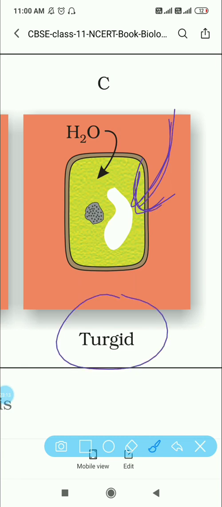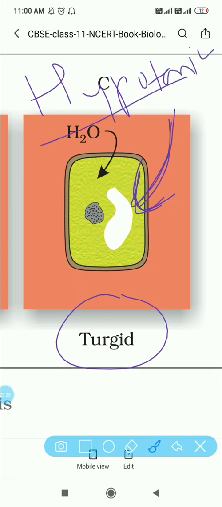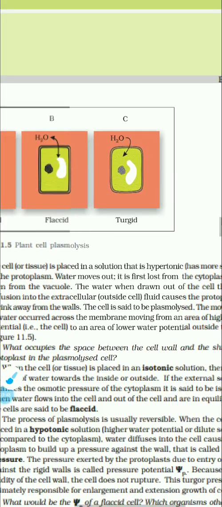It will happen when we have placed the cell in hypotonic solution. So when outside we have hypotonic solution, we have more H2O outside, so water will move from outside to inside, as you can see over here, and that is where we will get the turgid cell.